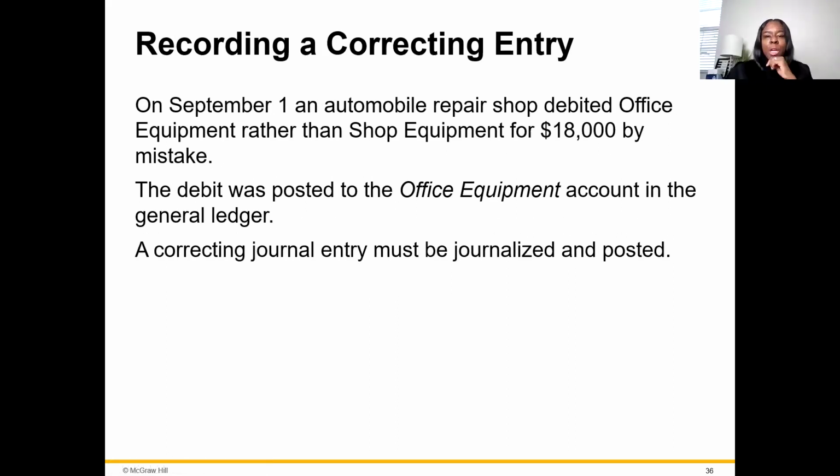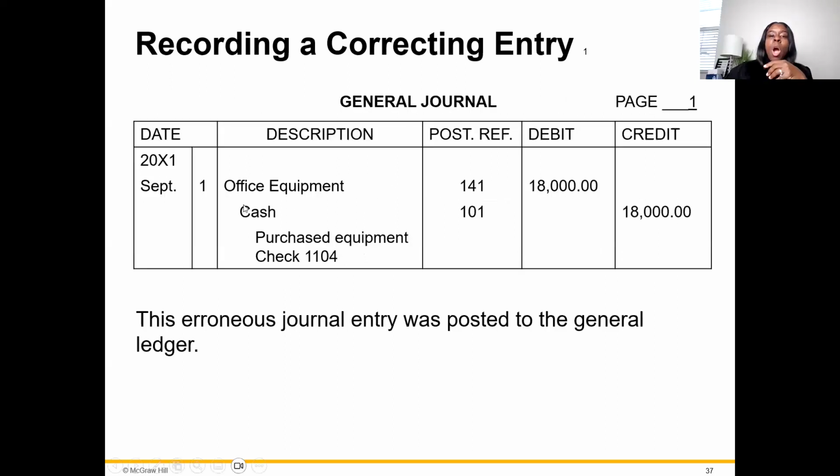So on September 1st, an automobile repair shop debited office equipment instead of shop equipment for $18,000 by mistake. So they posted it to the wrong account. The debit was posted to the office equipment in the general ledger. So a correcting journal entry must be journalized and posted. And so what we're going to do is just move it from the incorrect account to the correct account.